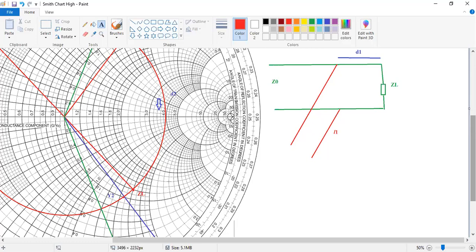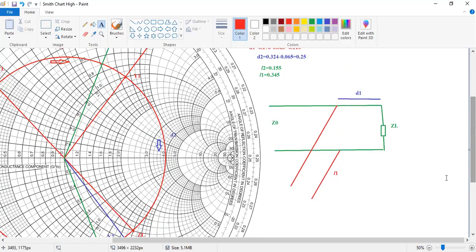Is it okay? Sir, if the stub is connected in series, the open circuited stub, then in that case, won't the current not flow through the transmission line? Correct. Yes. So the open circuited series stub generally is not used. Conceptually it is used.